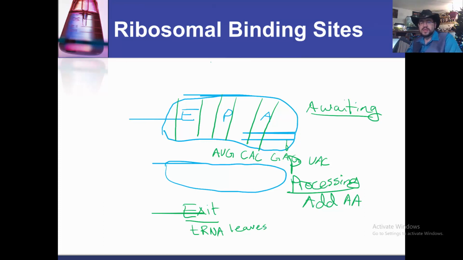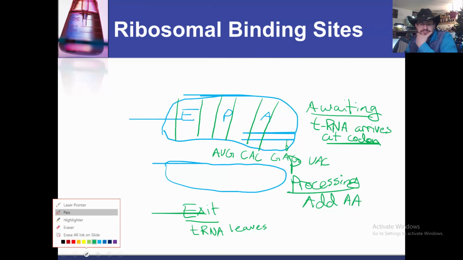So, at the awaiting site, the tRNA arrives at the proper codon. At the processing site, the amino acid it's carrying is added to the chain. And then at the exit site, the tRNA leaves. So we know how this works. We plop down our methionine.